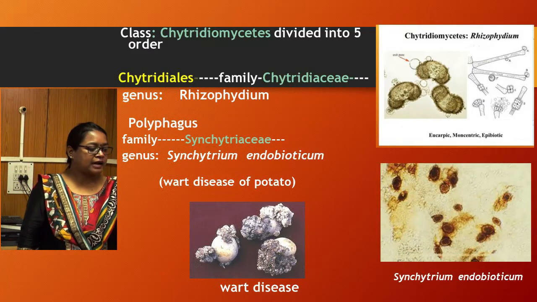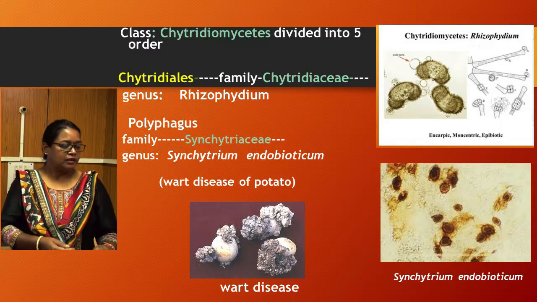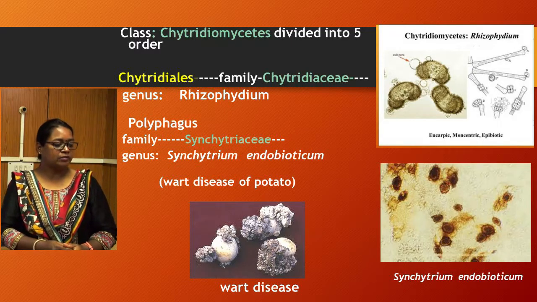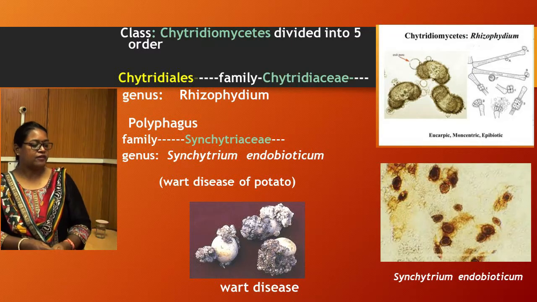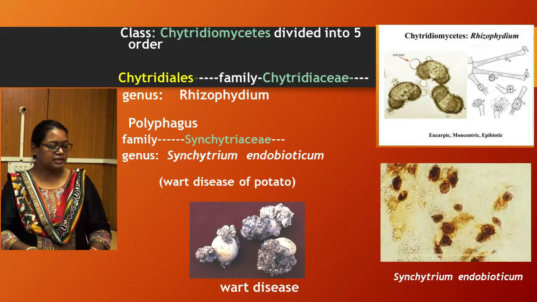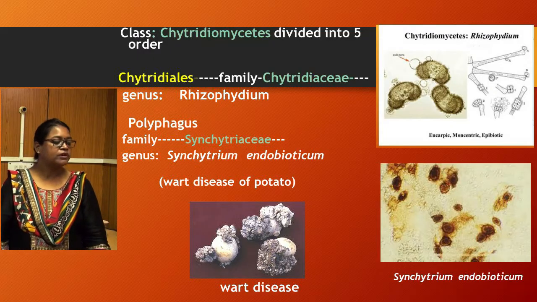First order is Chytridiales, having the family Chytridiaceae. This family has two important genera, Rhizophydium and Polyphagus. Second family is Synchytriaceae, having important genus Synchytrium endobioticum, which is the causal organism of wart disease of potato.